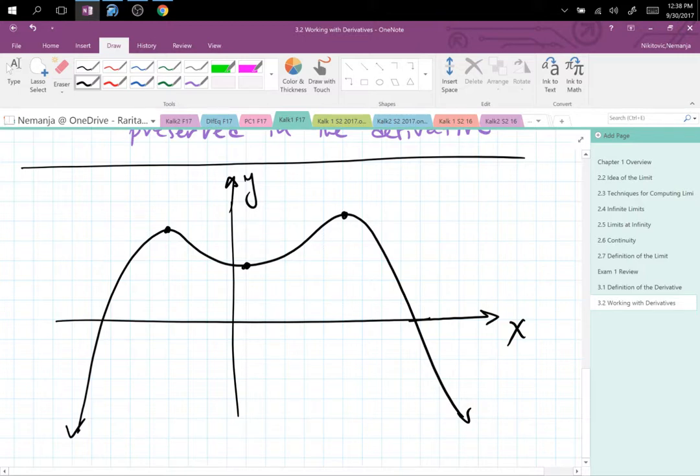This is where we have horizontal tangency, whose slope is what? 0. m equals 0, all of this. So all of these have m equal to 0. That means that if you're drawing the derivative, these points here are the points where the derivative will cut through the x-axis. It has to, because the slope is 0.